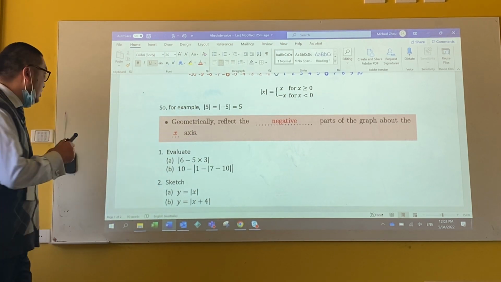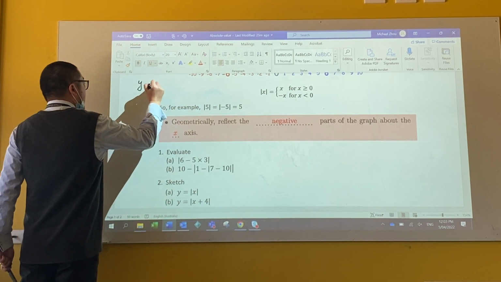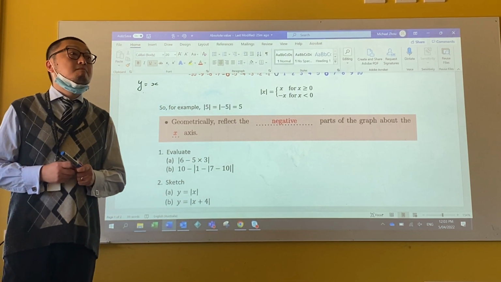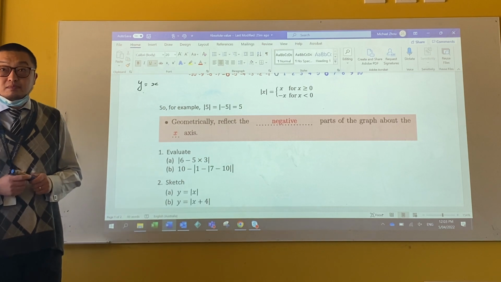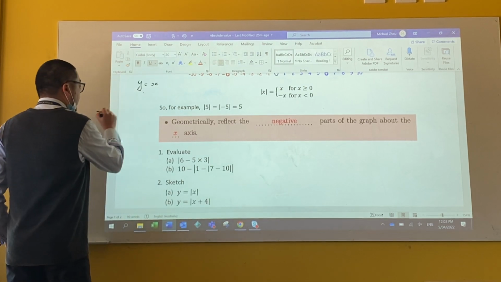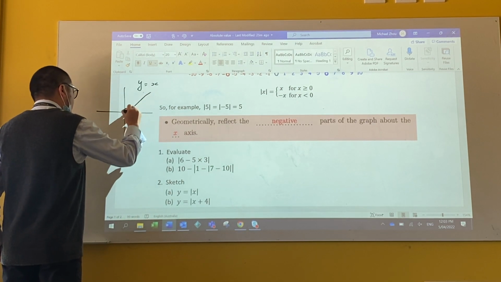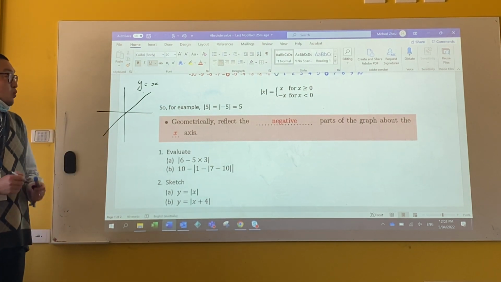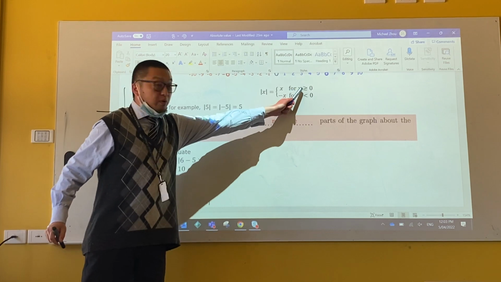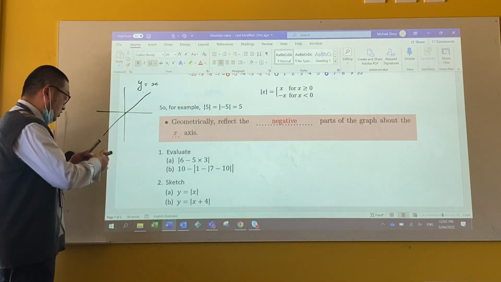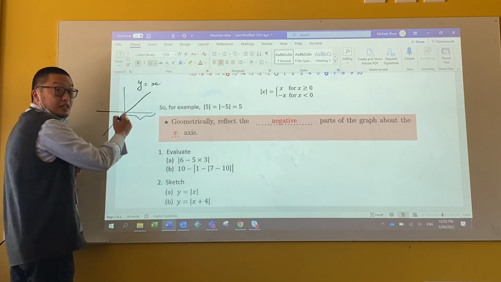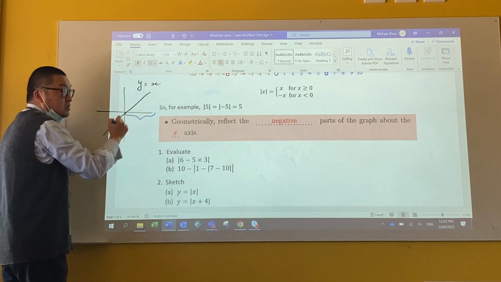Okay, imagine. What does y equals x look like? The diagonal line. It's a straight line. Y equals x gives me a straight line. When x is greater than or equal to 0, do you agree it's basically this part? It's that part. Yes?